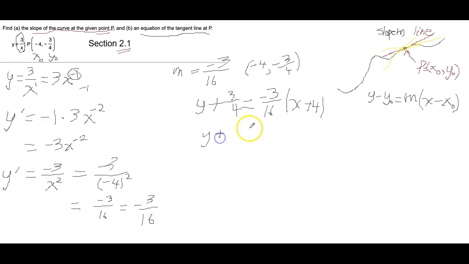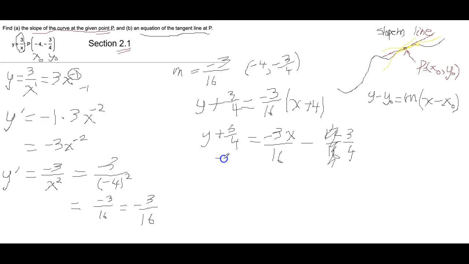Y plus 3/4 here. And over here we'll have negative 3x over 16. And what's that come out to? Negative 12 over 16. And I guess I'm going to simplify that to be 3/4.